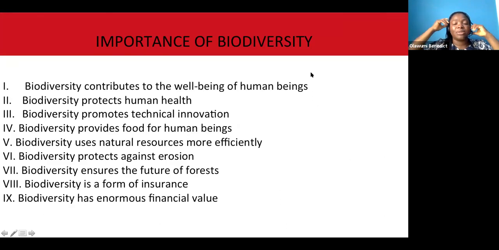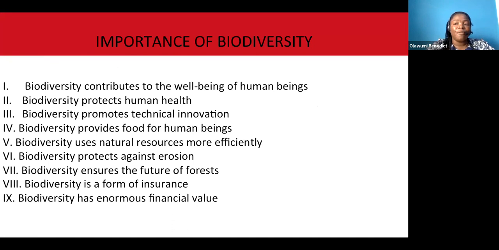The importance of biodiversity. What are the importance of biodiversity? We mentioned a lot of this while I was talking. Biodiversity contributes to the well-being of human beings. It helps us when we breathe fresh oxygen, good oxygen, it helps us a lot. It protects human health. When the environment is clean, when the atmosphere is clean, it helps our health.